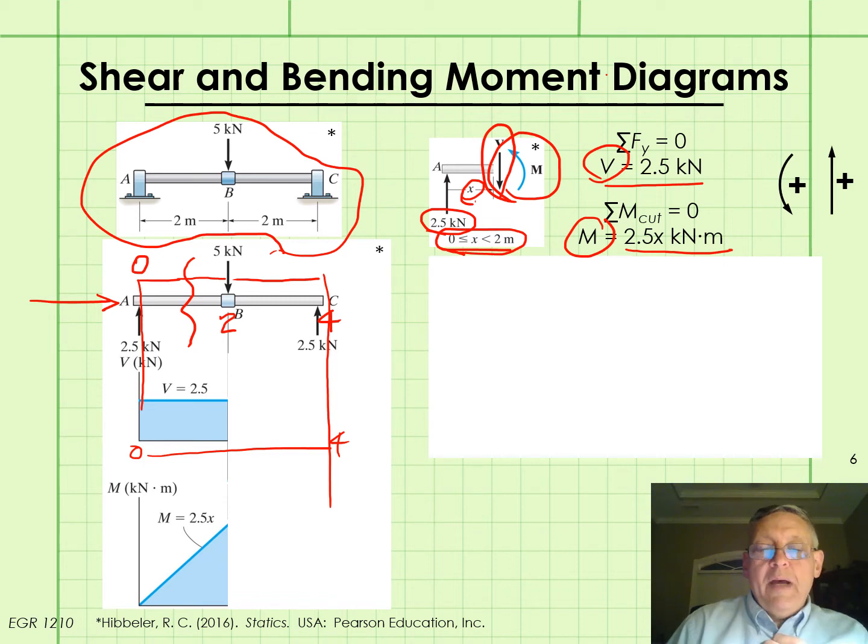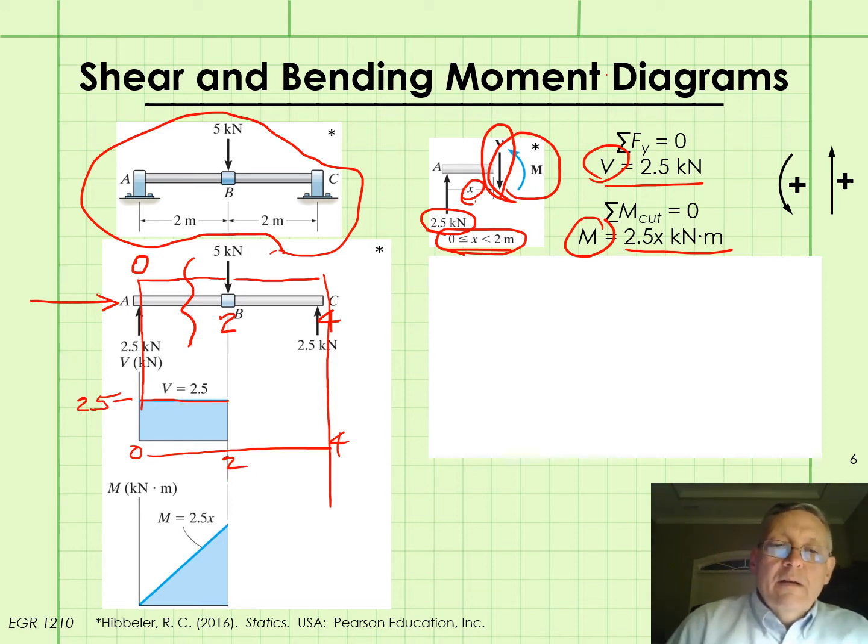So now we go back to algebra here, and we plot our shear function for this segment of the beam, and we saw that V equals 2.5 kilonewtons, so we plot that. Here's x equals 2, and we establish some scale on our vertical axis. So this would be V equals 2.5.